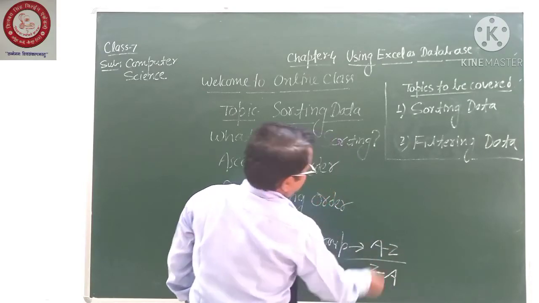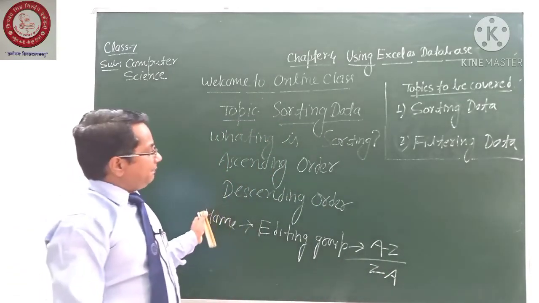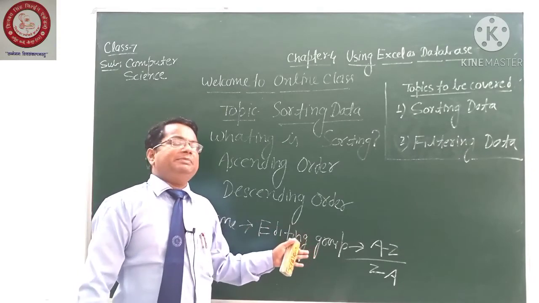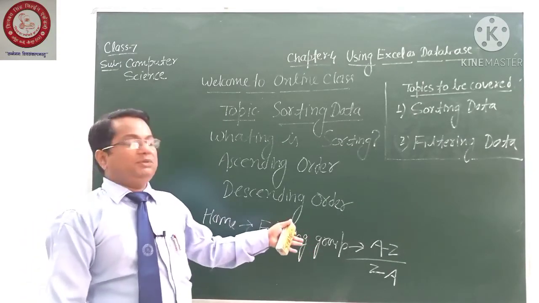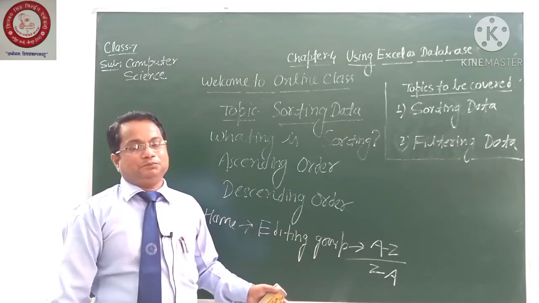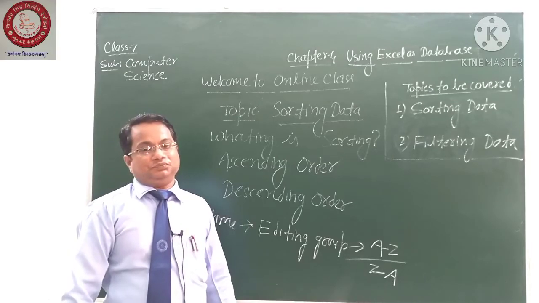Two buttons are available here. First you select your data and then apply this method, then immediately your data is sorted in the particular way you desired. So sorting is to arrange your data.